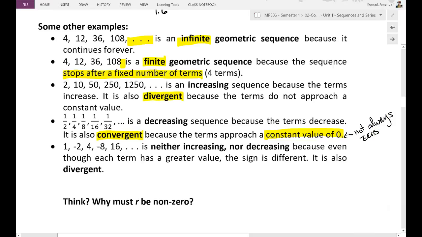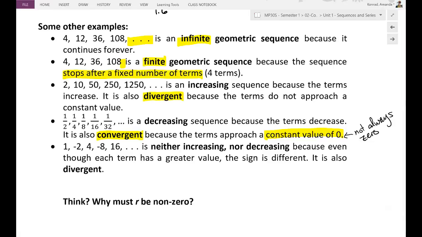Okay. Finally, we can look at this last one, 1, -2, 4, -8, 16, and it is neither increasing nor decreasing. It's fluctuating on both sides, which is a red flag that probably my R value is not positive.